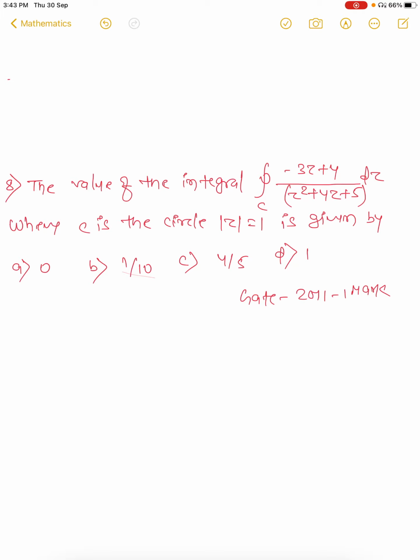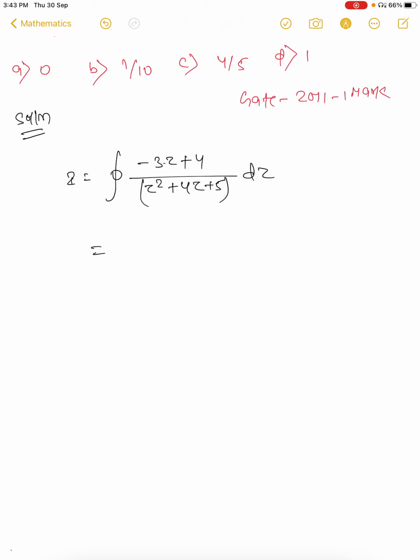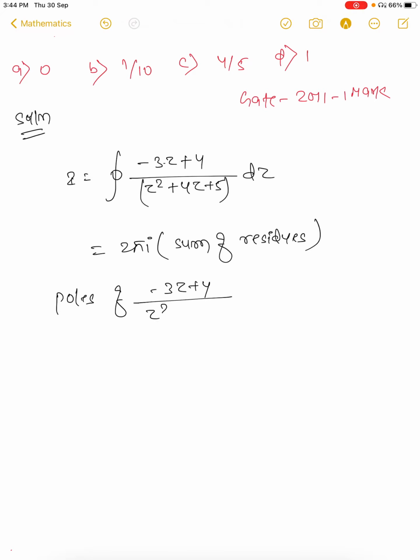So I is equal to the integral of (-3z + 4) / (z² + 4z + 5) dz, which is 2πi times the sum of the residues at the poles inside the circle.